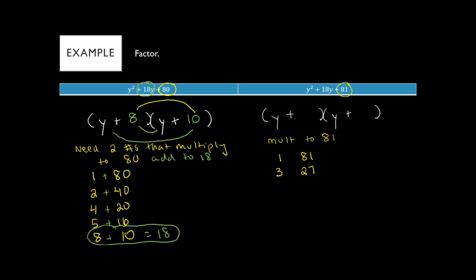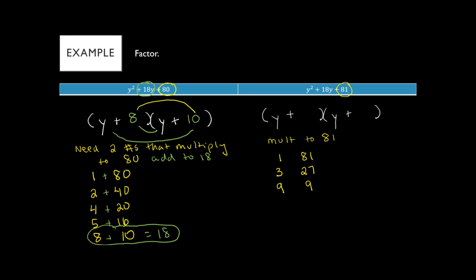81 divided by 4. I get a decimal, I don't write it down. 81 divided by 5. Get a decimal, I don't write it down. 81 divided by 6. Decimal. You keep going through. We got 81 divided by 9. And that is 9 times 9. And you just kind of keep going until you keep repeating. So 10 doesn't work.